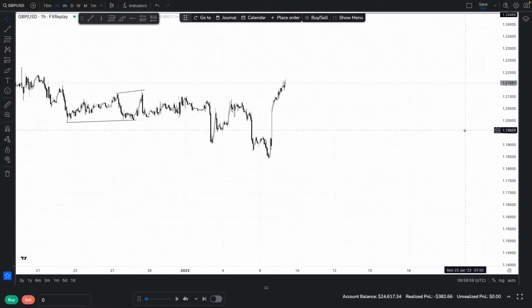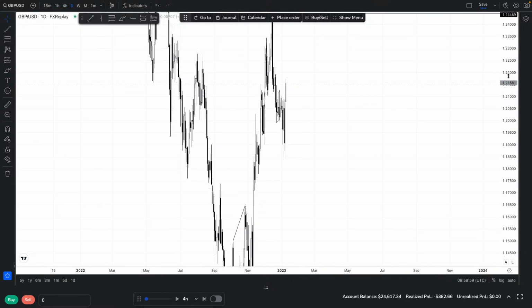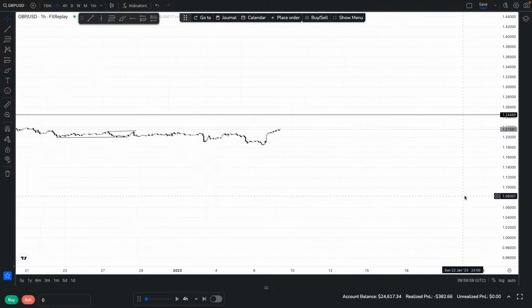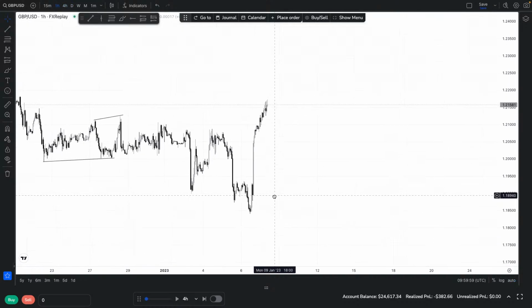Okay. So this could be a pullback. However, I don't like how it's developed, to be honest.